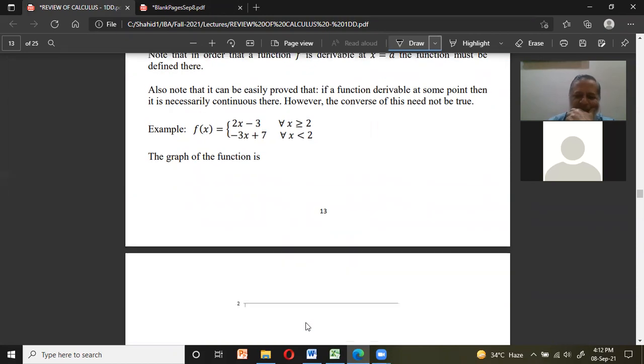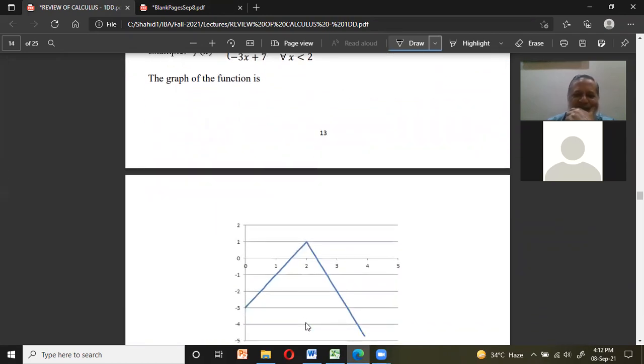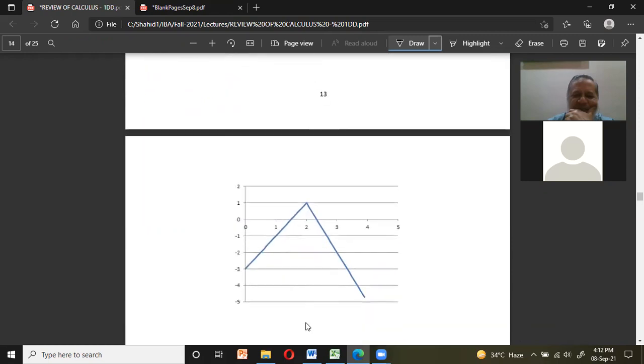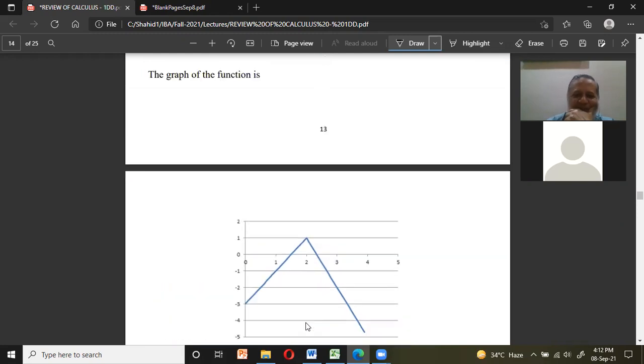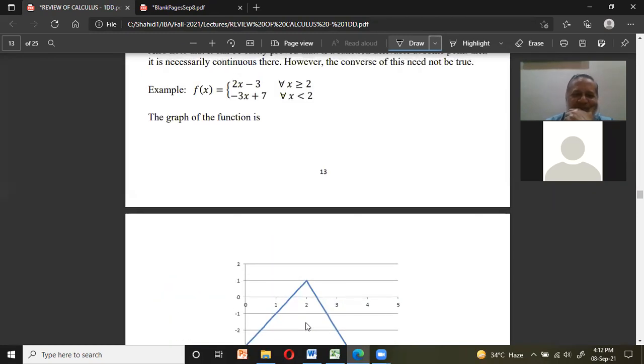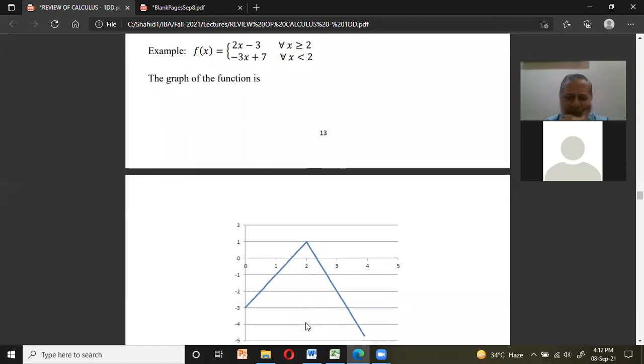Good. Now, the graph of this function, I have shown it here. To the right of x is equal to 2, the function is 2x minus 3. To the left of x is equal to 2, it is minus 3x plus 7. So I don't know if this graph is appropriate or not.